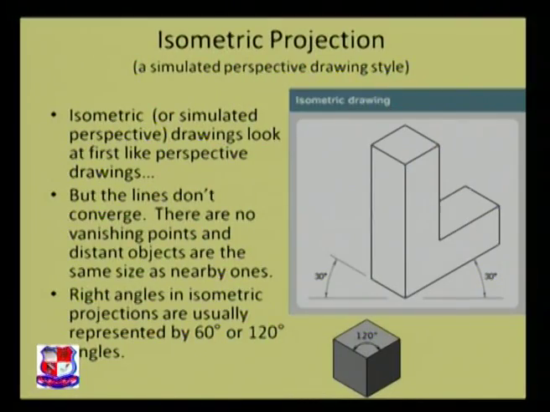Now if you talk about isometric projections, we have set 30 degrees on each side of these drawings. Let's have a look at the figure first of all. As you can see over here, the total would be 90 degrees. We have set 30 degrees over here, but the total angle is set at 90 degrees, which means that we have simulated this drawing.